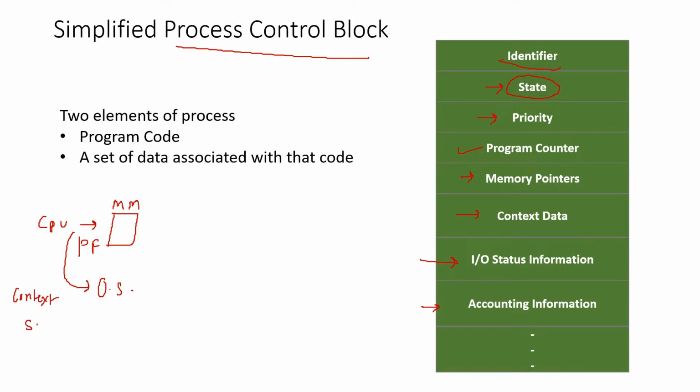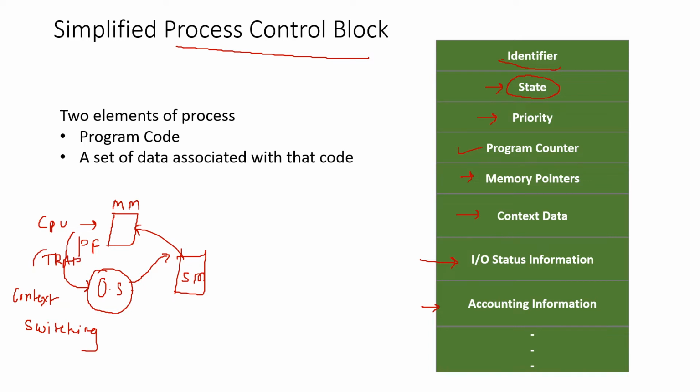So what happens in context switching? The control will go to the operating system, which will go to secondary memory, bring that page to main memory, and then again the control will be given to the CPU. So what is happening? One process is running, and in between the interrupt comes. This is the interrupt, the trap I had mentioned.